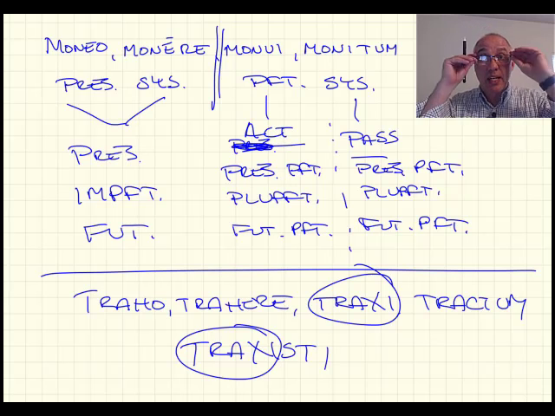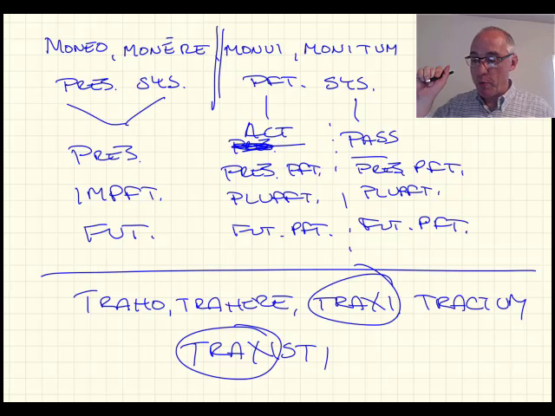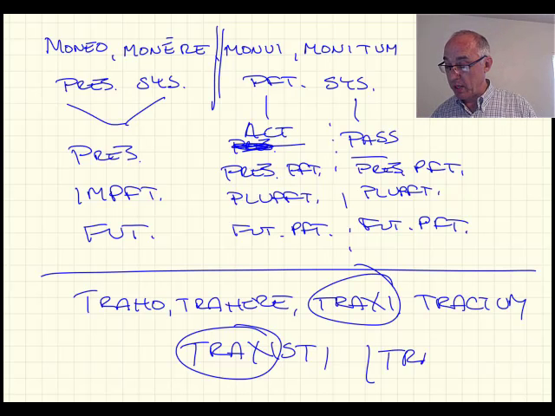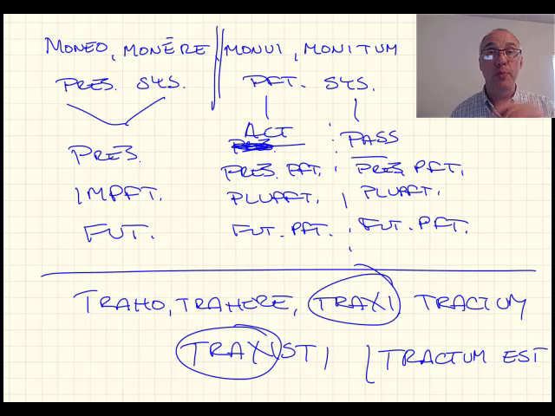Doesn't matter what the ending is necessarily, because you know no matter what, the third principal part in Latin is reserved for the perfect active voice. And by the same token, tractum est, you know the fourth principal part is reserved for the perfect passive voice. And that's fairly consistent.